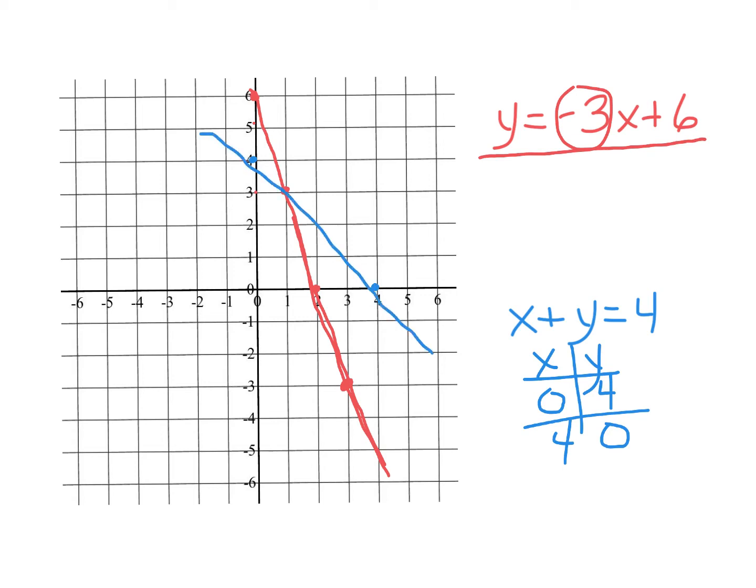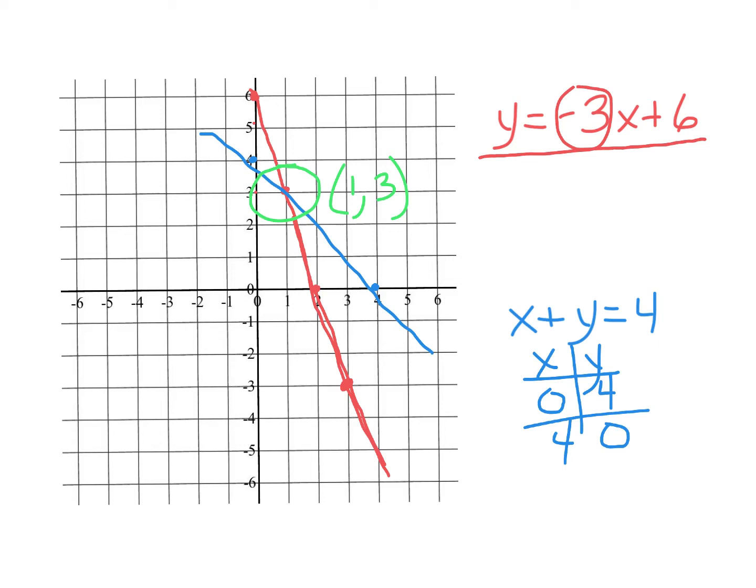Going through and graphing that line, I have a common point that satisfies both of those equations, and it is the point (1, 3), which means (1, 3) has to work in both of these equations.